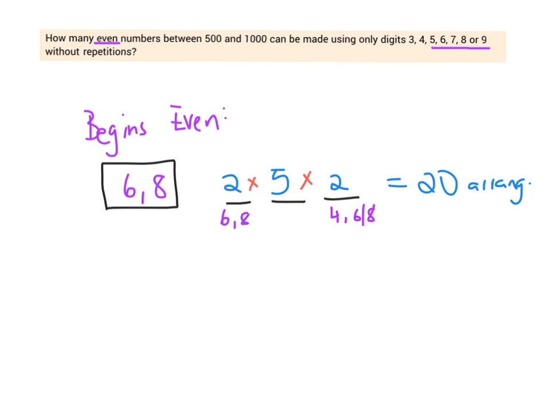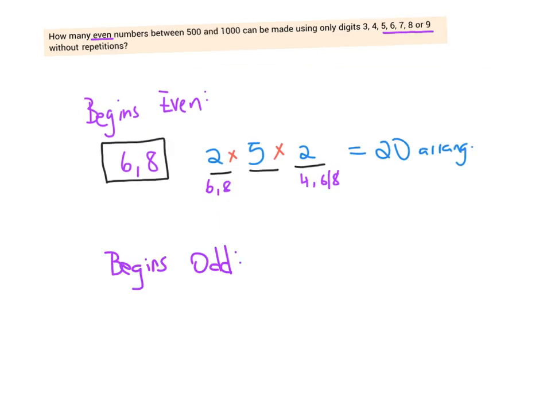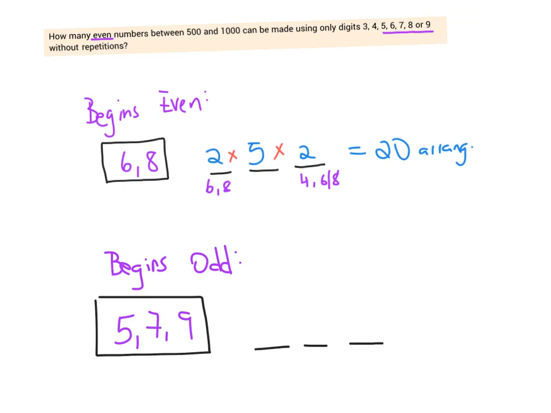Okay, and so now we'll have the case where it begins odd. So if it begins odd, well then we have 5, 7 and 9 as our options at the beginning. So here we have 3 options, and they are 5, 7 and 9.